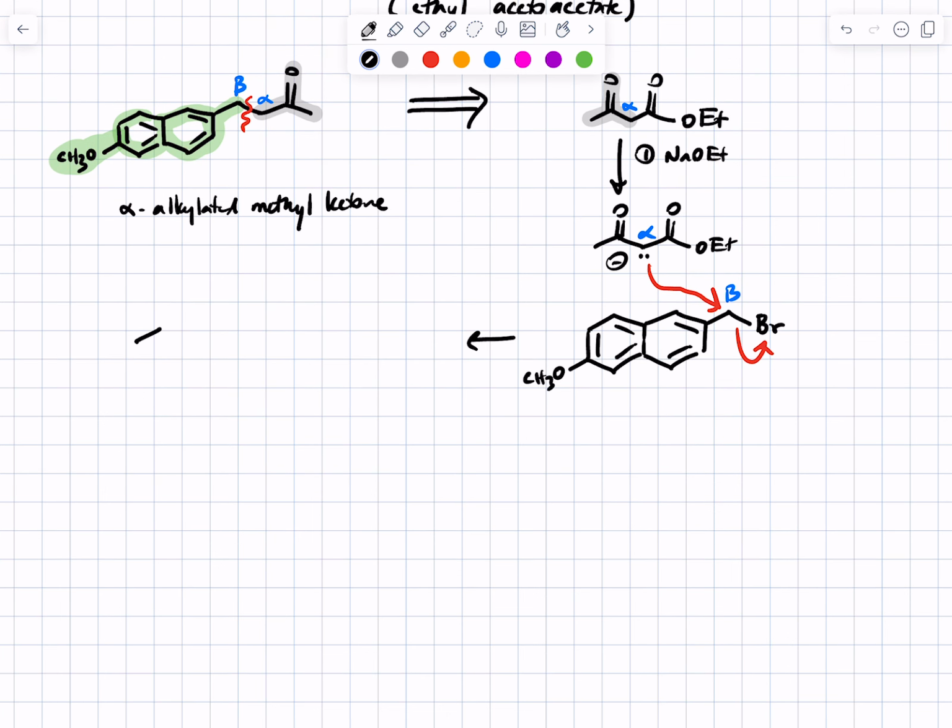At that stage, what we have is this. Here in red is our new bond. That's the alpha carbon, that's the beta carbon that used to be attached to the leaving group. And then here is the rest of the molecule.